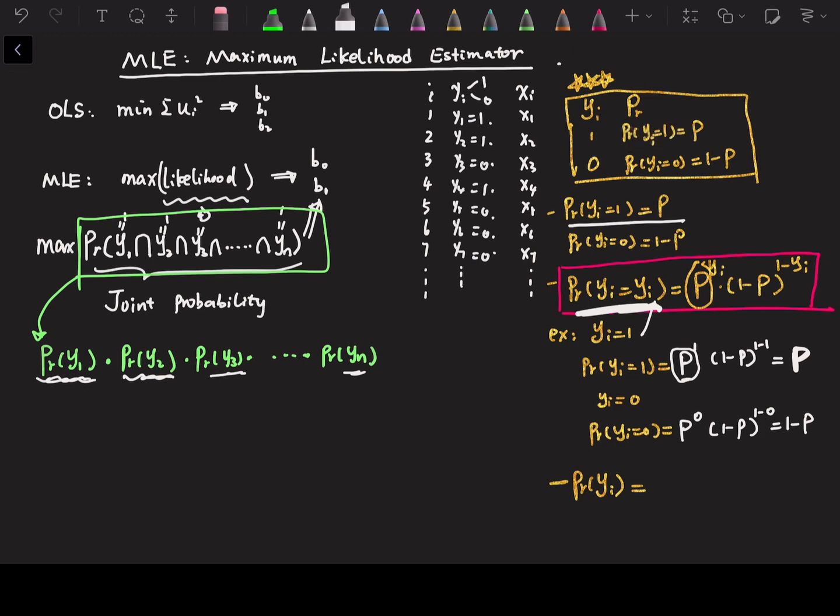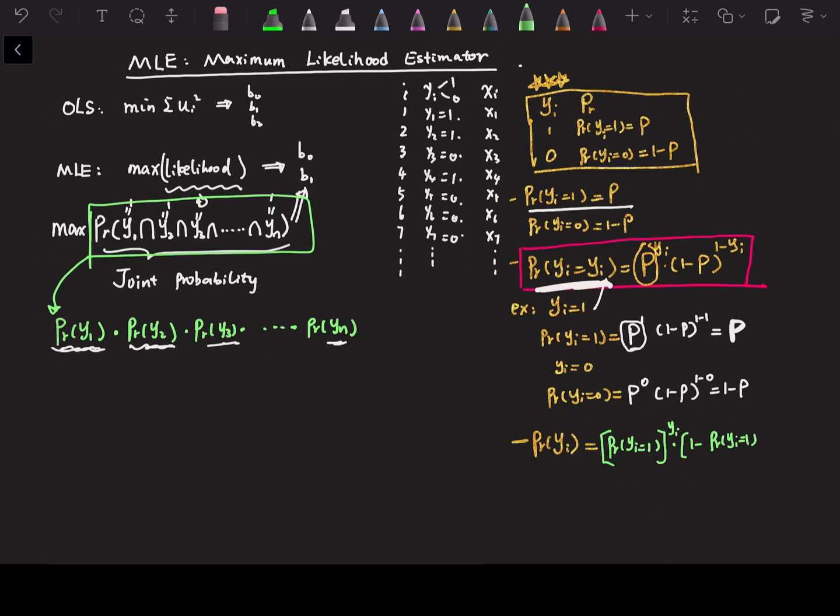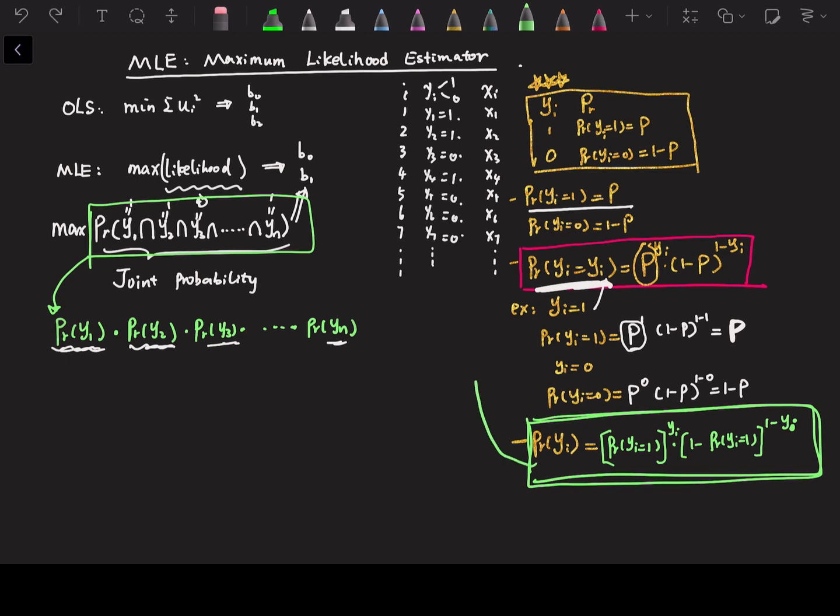So now we can write: the probability y is 1 to the power of y times 1 minus the probability y is 1 to the power of 1 minus y. So now we just use this equation to solve for the probability y is 1, and then we'll plug this p of y back into this likelihood function.